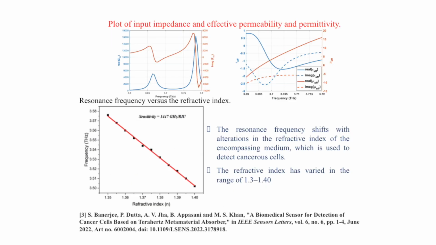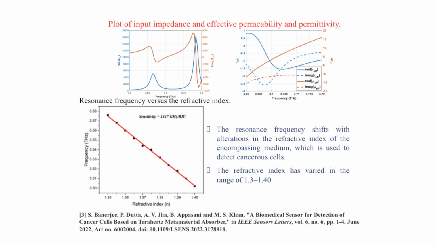This diagram is basically representing the input impedance and effective permittivity and permeability with respect to the frequency, and this last curve represents the variation of the resonance frequency shift with alteration in the refractive index of the surrounding medium, which is used to detect the cancerous cell.